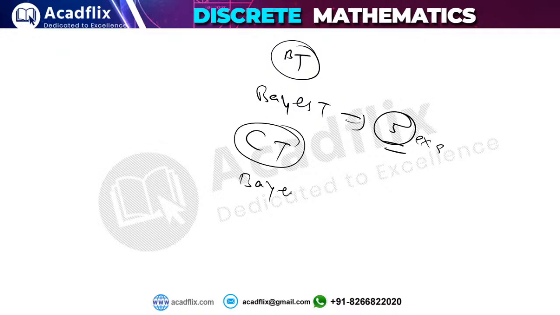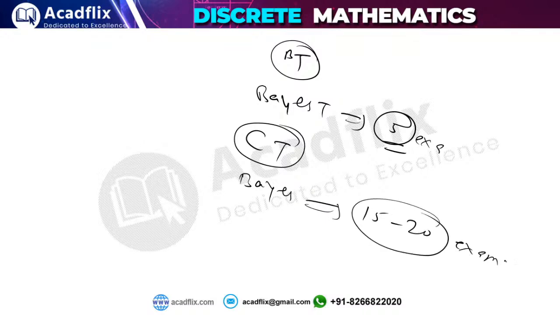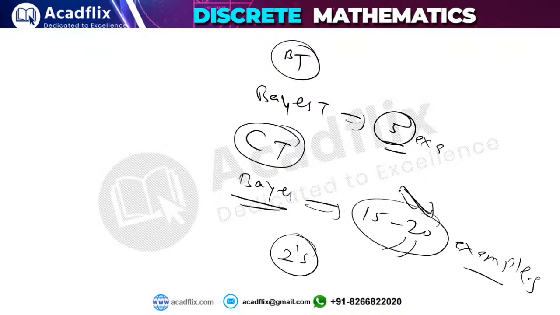At that point, from this Bayes theorem I am going to take 15-20 examples. By the time we see the 19th or 20th example, this Bayes theorem will become like a 2's table for you, 2 into 2, 2 into 3, 2 into 4 and so on. You can see how many examples we will take.